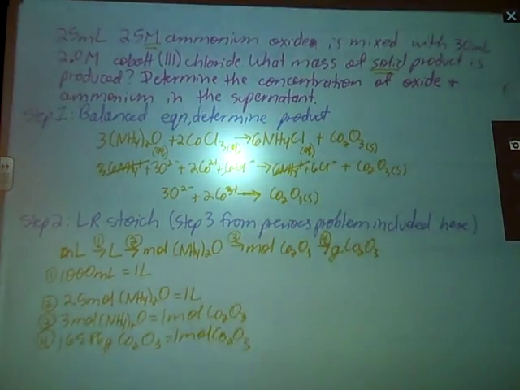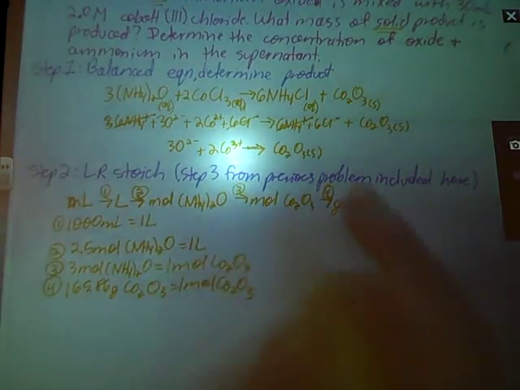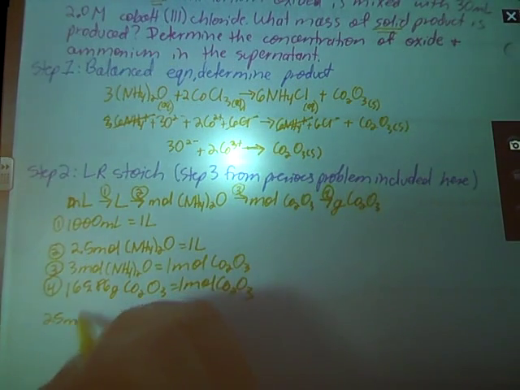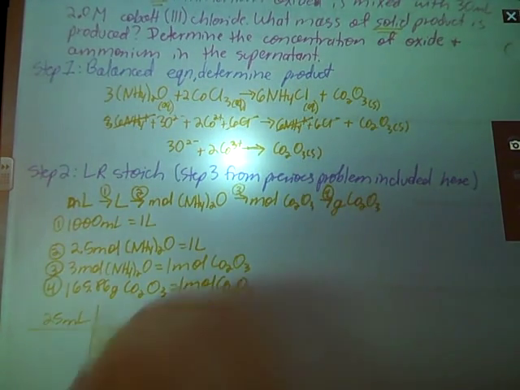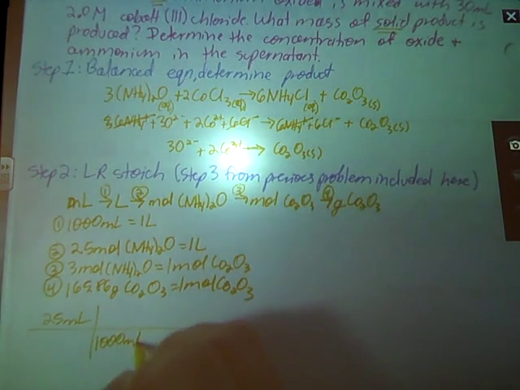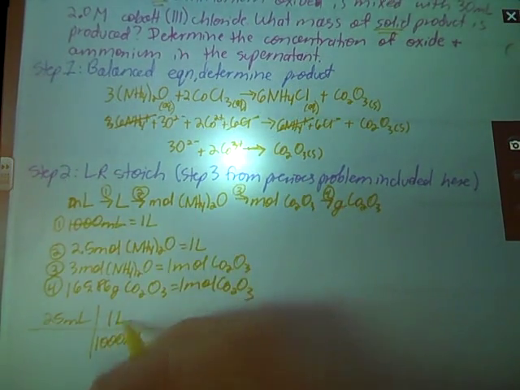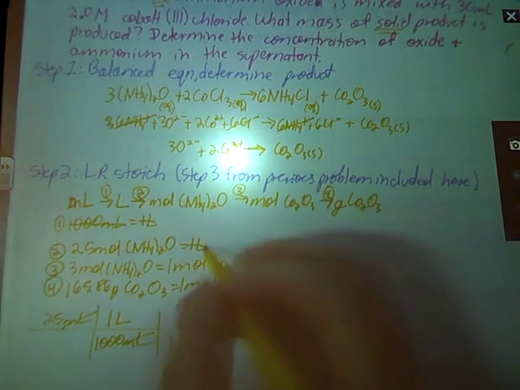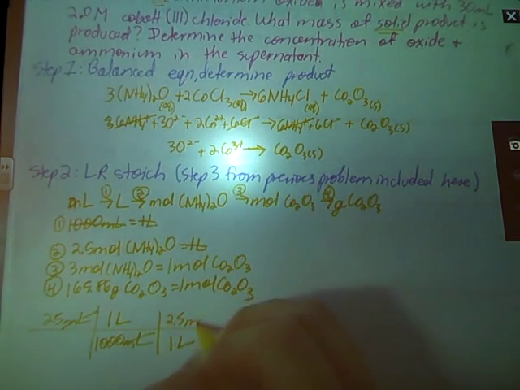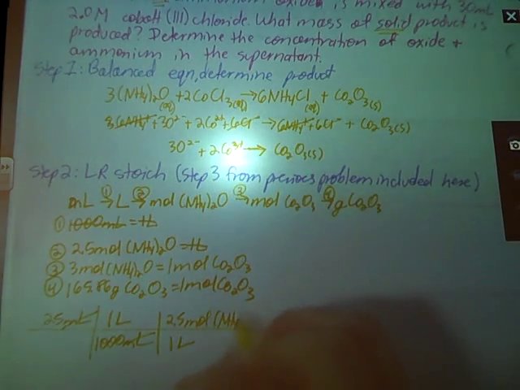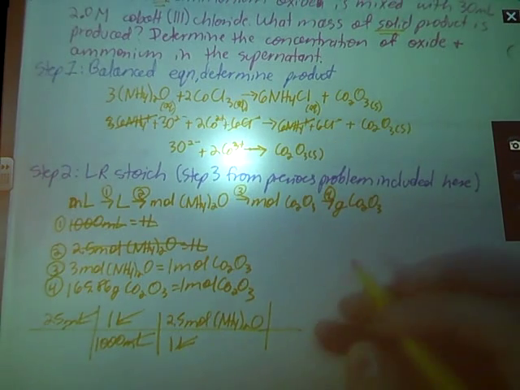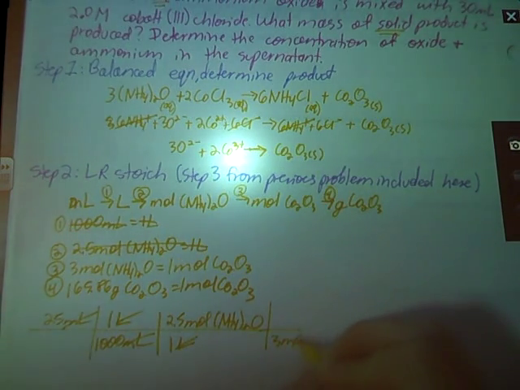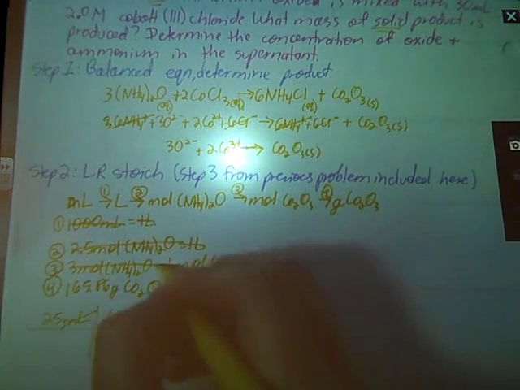Let's set up our boxes. Here we go. Problem started us off with 25 mL. Off we go. 1,000 milliliters, 1 liter. Check. 1 liter, 2.5 moles. Check. 3 moles. Remember to follow your conversion factors.